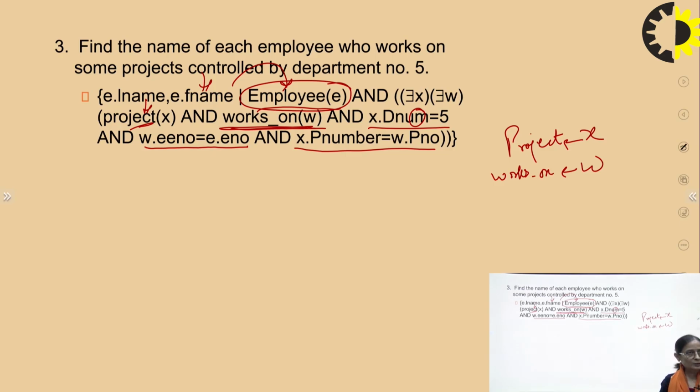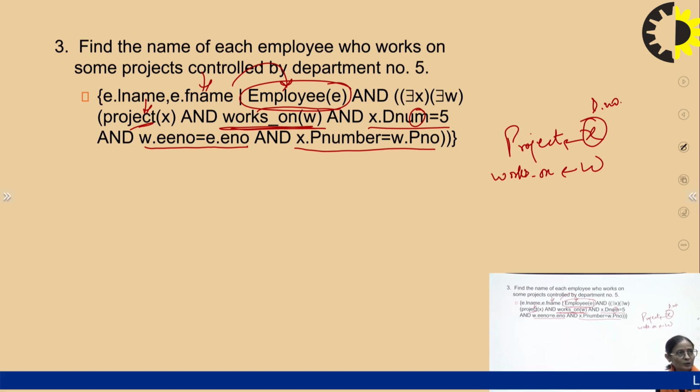In this case, first we will specify controlled by the department number 5. From where the department number is coming, it is coming from this. And employee number, that is, each employee who works on some projects. They may be working on more than one project which is controlled by department 5.